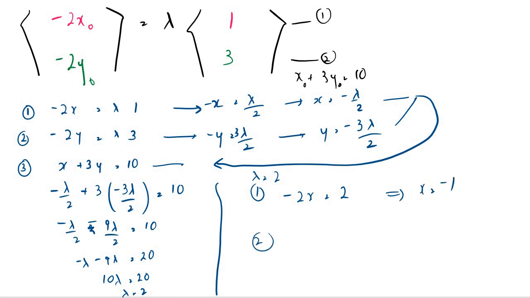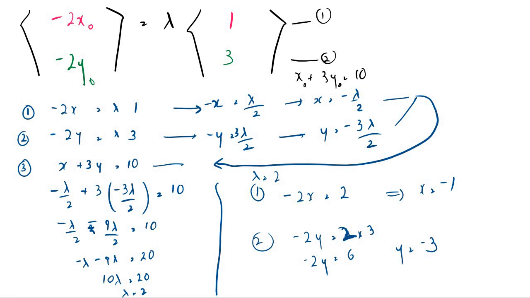From the second equation we have minus 2y equals lambda times 3, and lambda is equal to 2 times 3, so it's 6. So y is equal to minus 3. I think I made a mistake here.